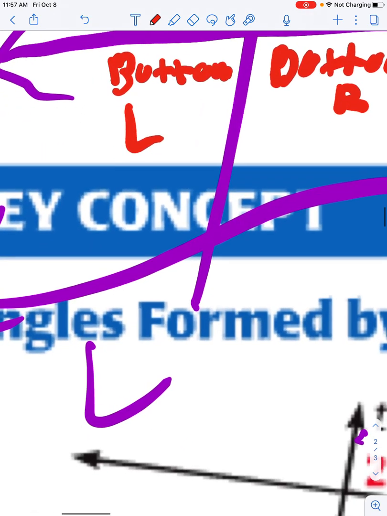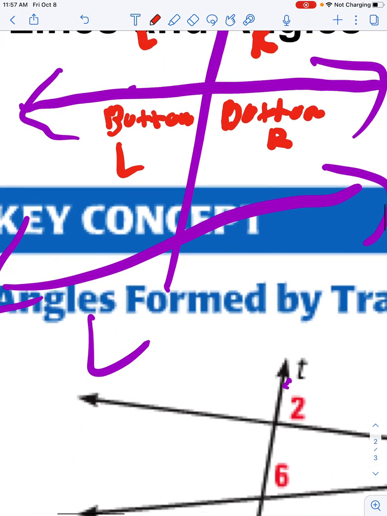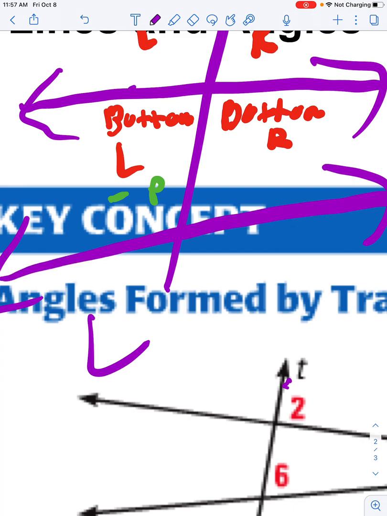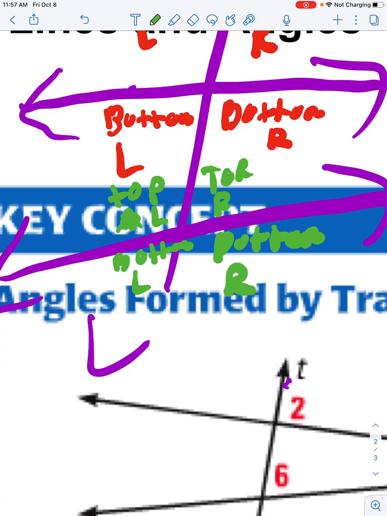But I have another quadrant of 4 right here, which I'll also label top left, top right, bottom left, bottom right. So let's apply that.